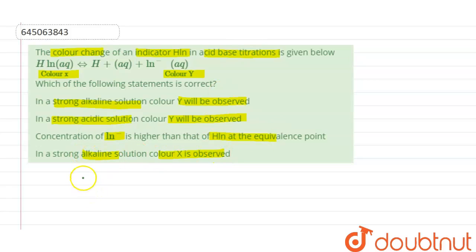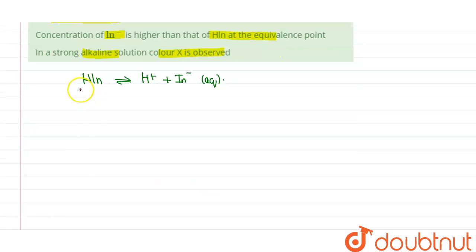So let's discuss. First, we will be writing this equation. HIN gives H positive plus IN minus in aqueous state, and here the color is X and here the color is Y. It is said that it is an acid-base titration, so base will be present in the solution, that is, alkaline solution will be there.